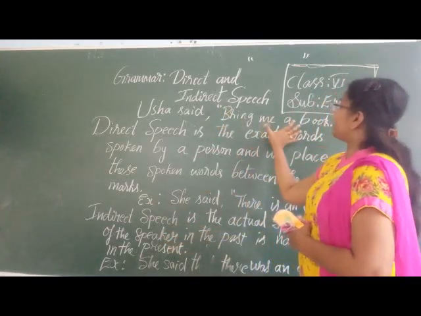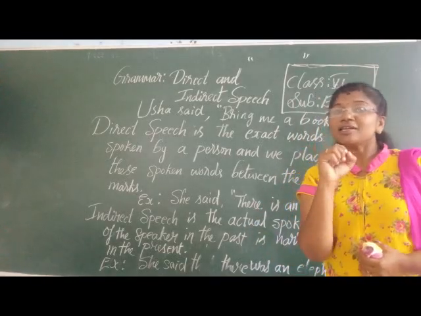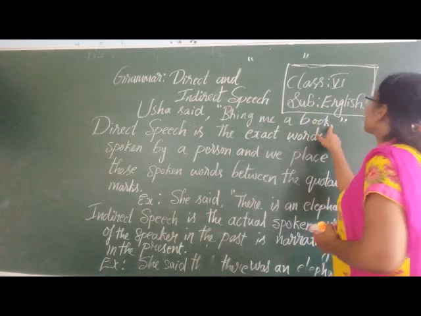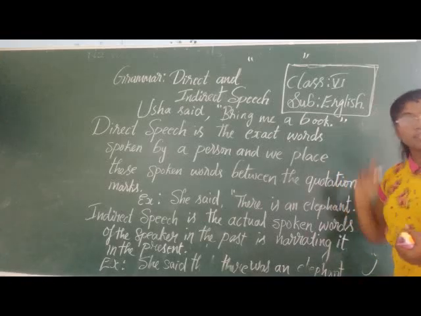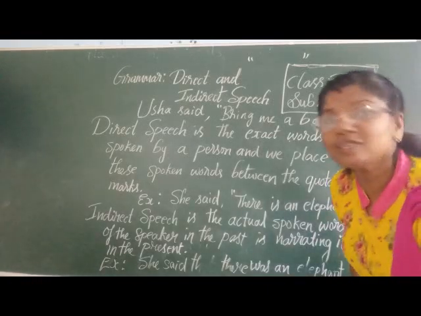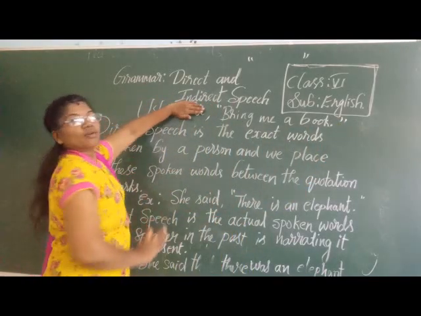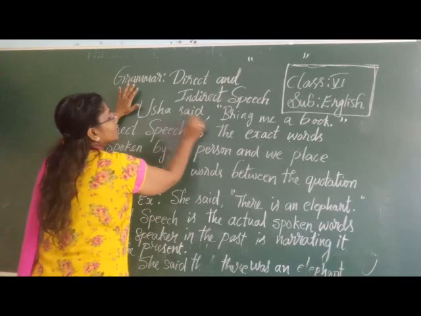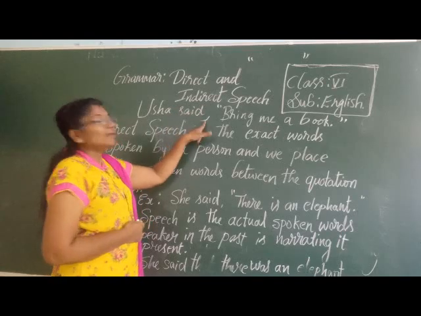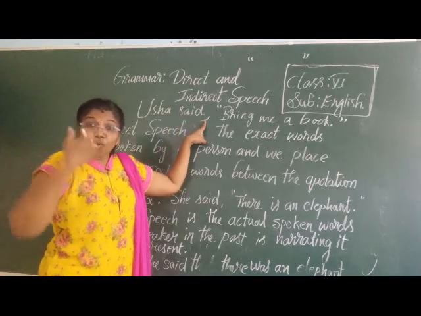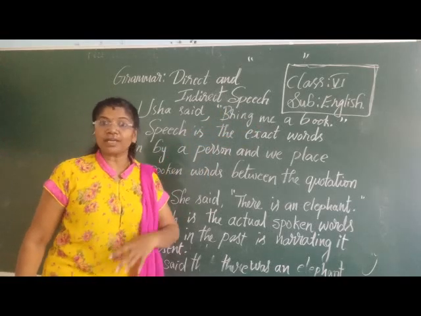Then you are going to place the direct spoken words as they are between the two quotation marks. But you need to separate these direct spoken words from the remaining part of the sentence. Like Usha said, comma. What I said, you should separate with a comma. Then what I said, those words, please place between the quotation marks.